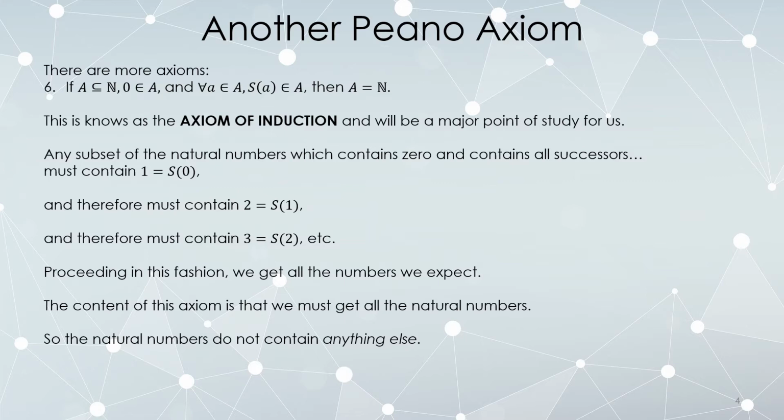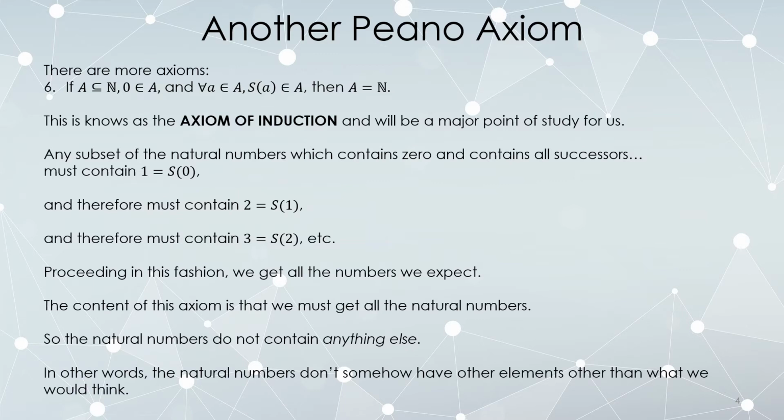There isn't anything else to worry about. There's no random other element, x, that is floating around that is different from all of these numbers and is also a natural number. The axiom of induction tells us that this procedure of starting with 0 and proceeding to the next number and so forth gives you all the natural numbers.